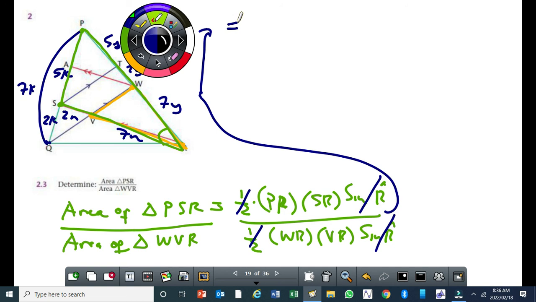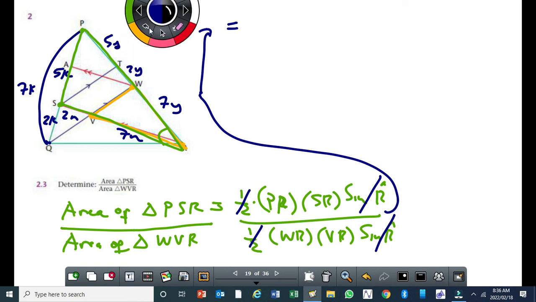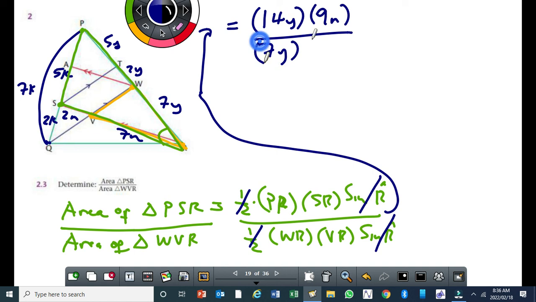What is PR? PR in terms of y is going to be 5y plus 2y plus 7y, which is what? 14y, right? Times SR, which is going to be 2n plus 7n, which gives you what? 9n, right? All over WR, which is 7y. Okay?